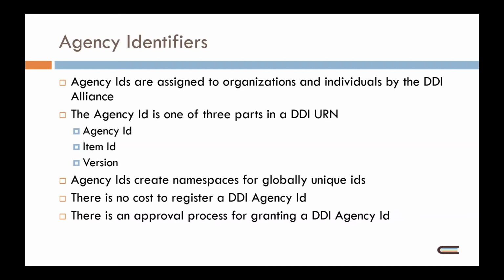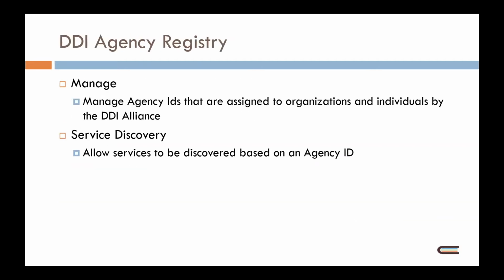But there are some approval processes and technical services that go along with that, and that's what the DDI Agency Registry provides. It has two main functions. One is to manage all of the agency IDs that are assigned by the Alliance, to track which organizations or individuals they are assigned to. The other main point for the DDI registry is to provide service discovery.